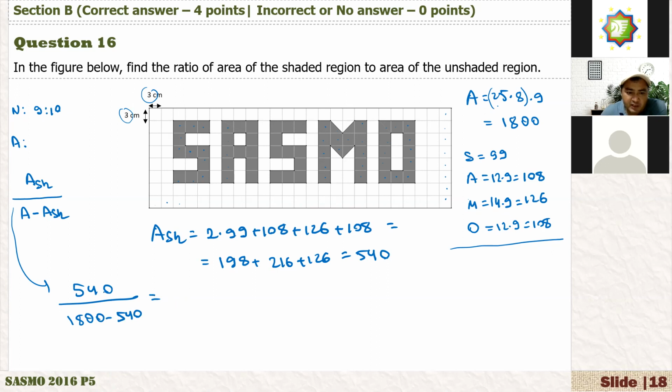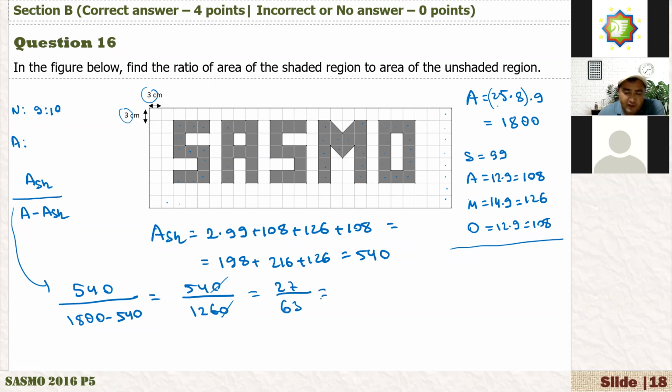So if you divide, 1800 minus 540 is equal to 1260, right? The zero cancels each other, 54 and divide by 54, by 2, 27, by 2, 63.